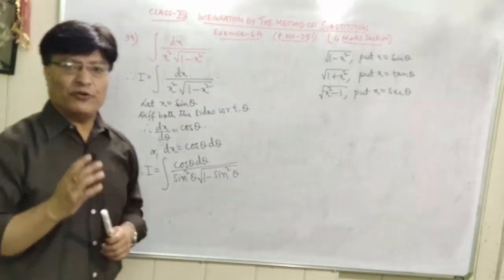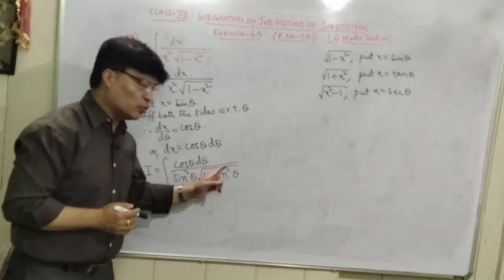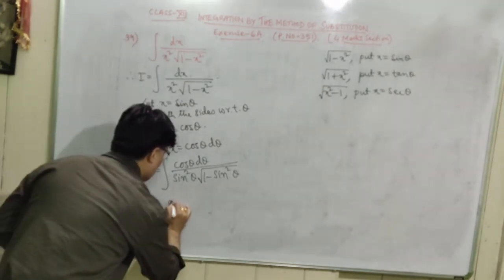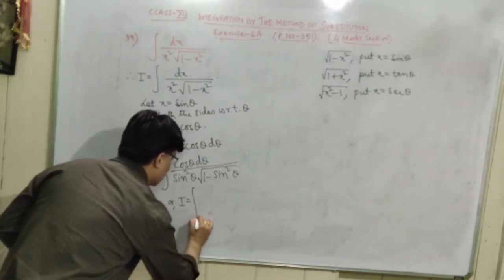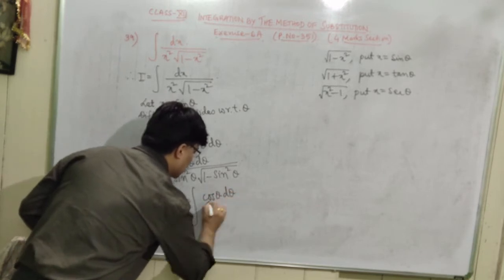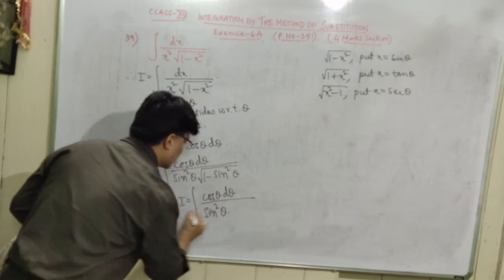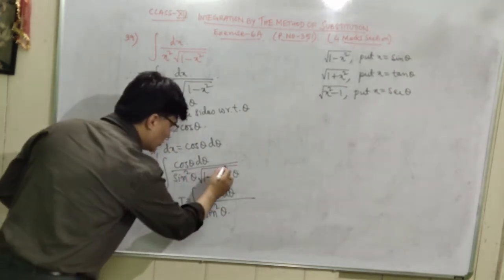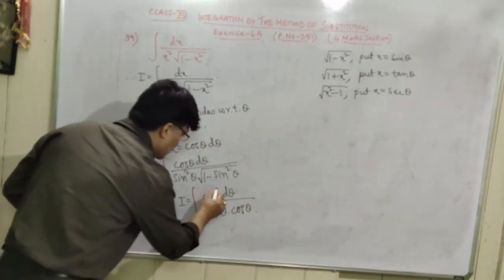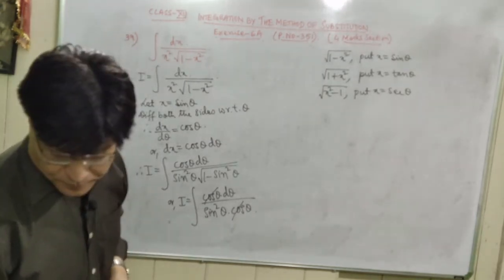And you should know the formula for root over 1 minus sine square theta. What is it? It is cos theta. So I is equal to integration of cos theta d theta divided by sine square theta into cos theta. So you can cancel this cos theta.